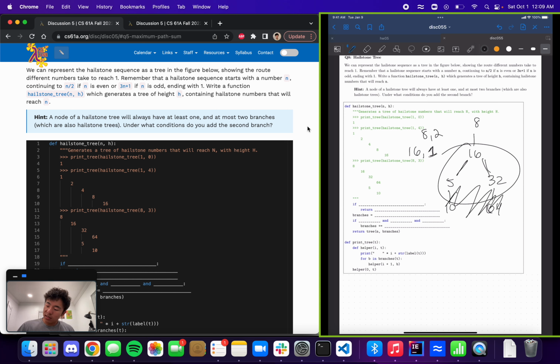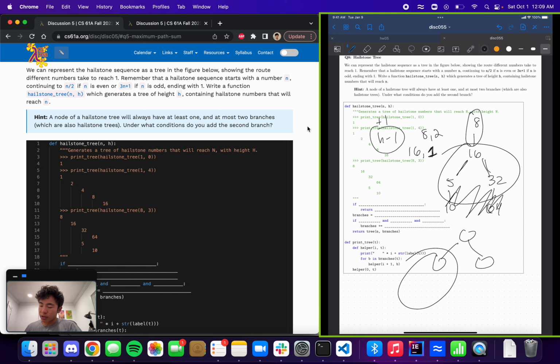And then you might imagine how this plays in with the final tree: a height h minus 1 tree, combined with this very top node label, h minus 1 plus 1, is going to give us a height h tree. So that's why we want to decrement h. So our tree is going to go like that.